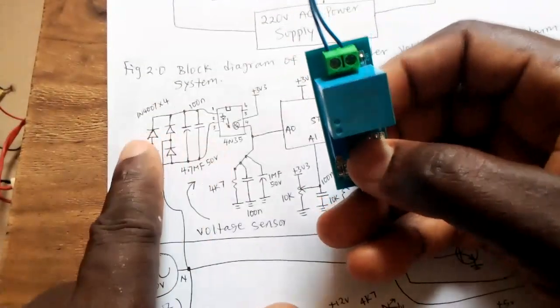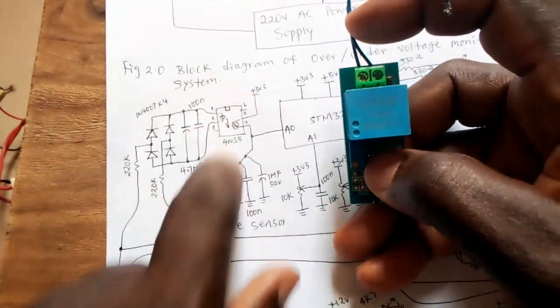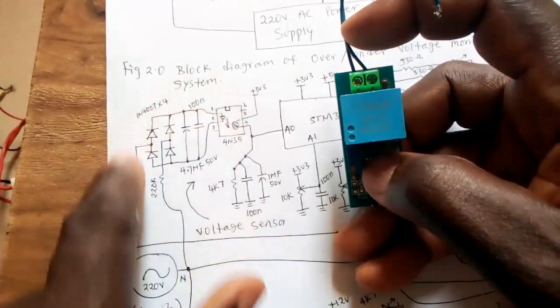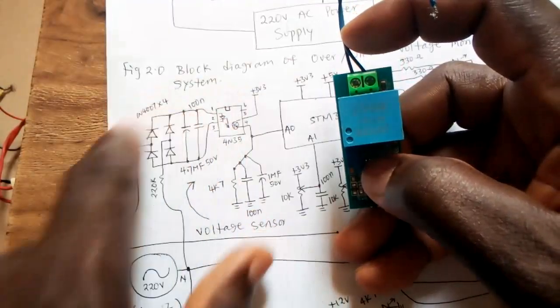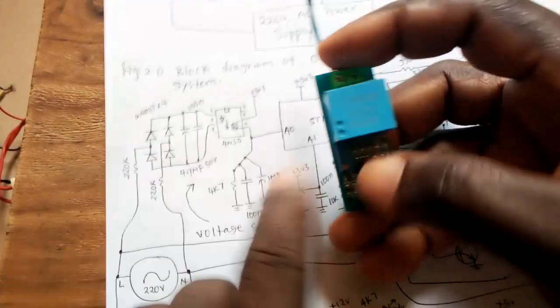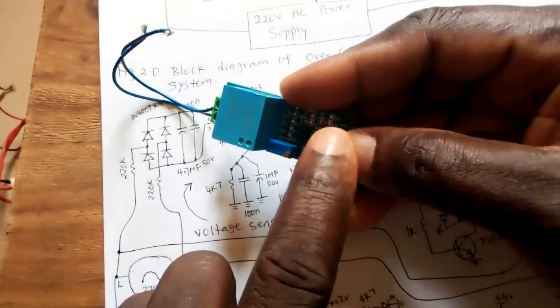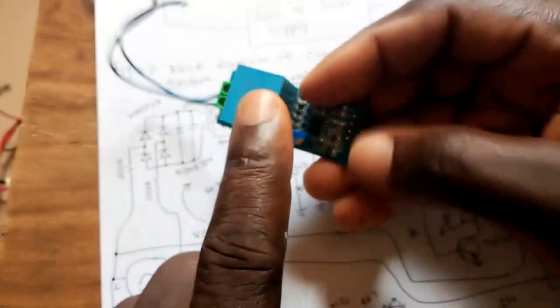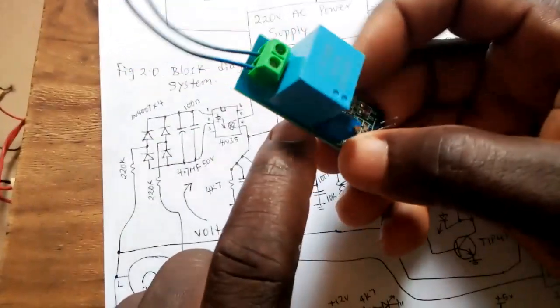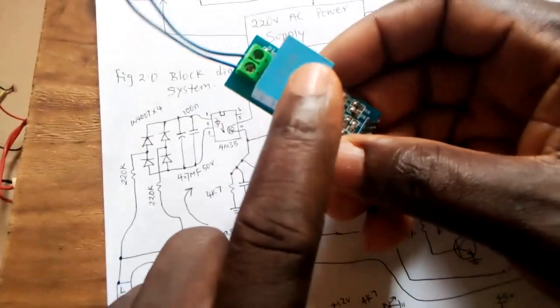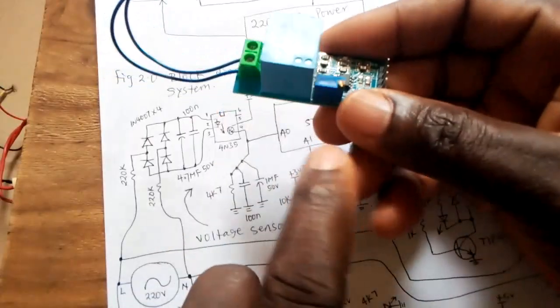The only difference is that this one I'm not using for reading voltage. It's not calibrated. But this one you can calibrate to read voltages, just like your normal voltmeter.